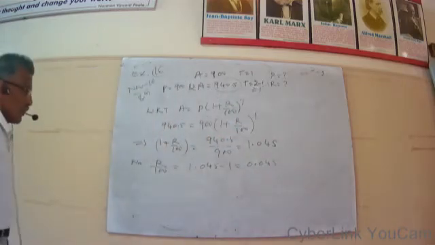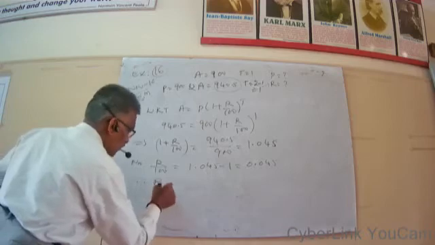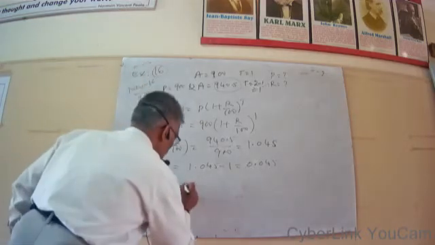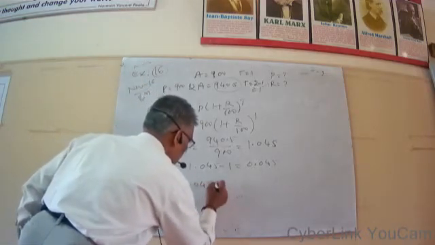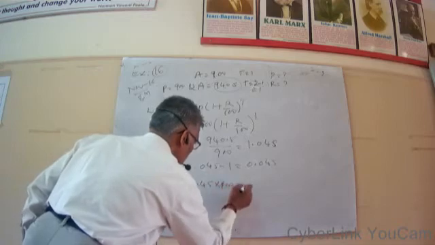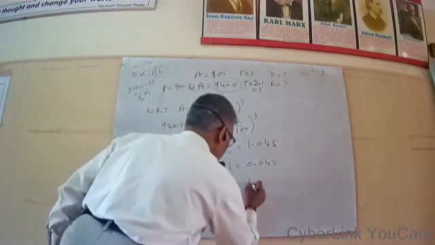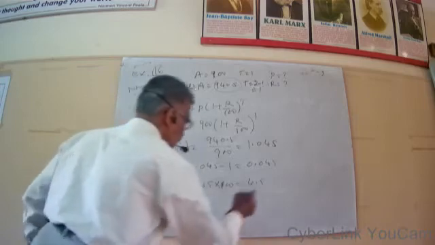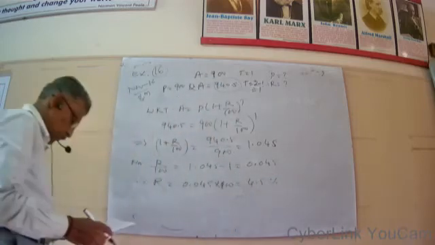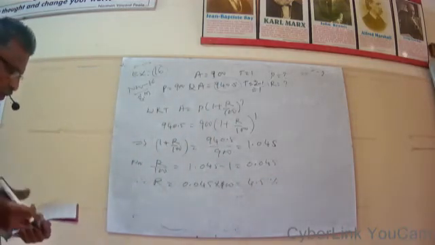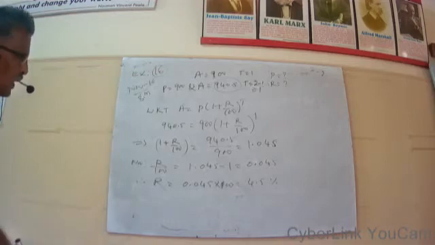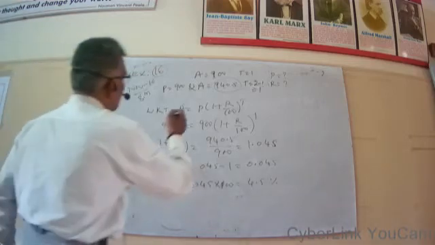So therefore R equal to 0.045 into 100, that is equal to 4.5. 4.5 equal to R.